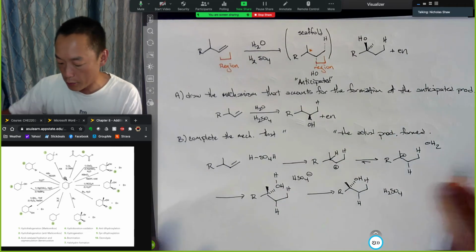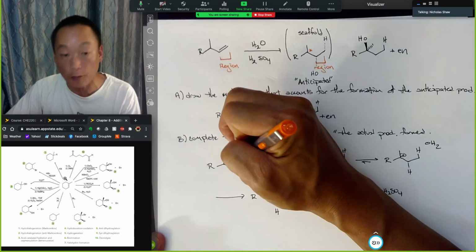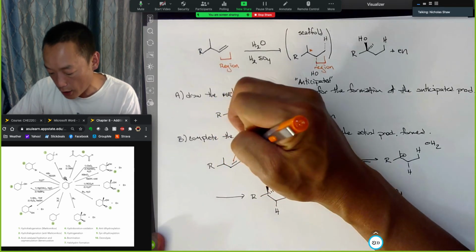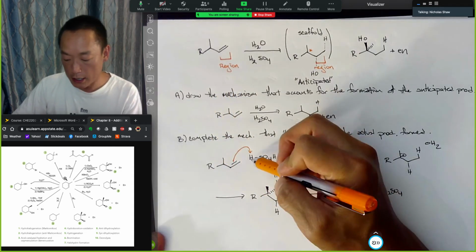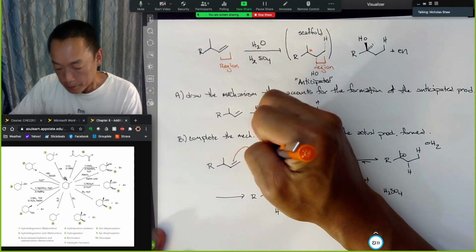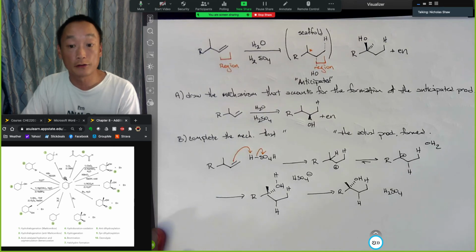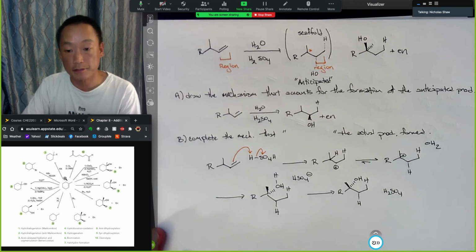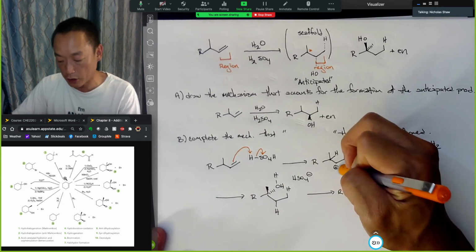The idea would be that you identify that this double bond will behave as a nucleophile, this will behave as a Brønsted-Lowry acid, and so we get this type of nucleophilic attack or Brønsted-Lowry acid-base reaction, forming this carbocation.